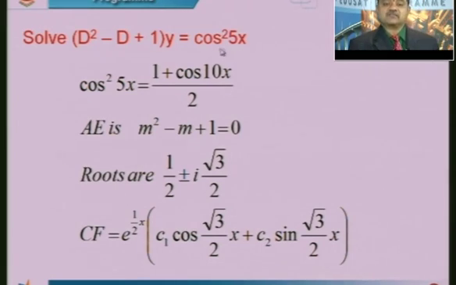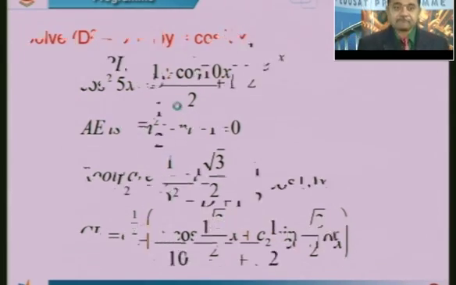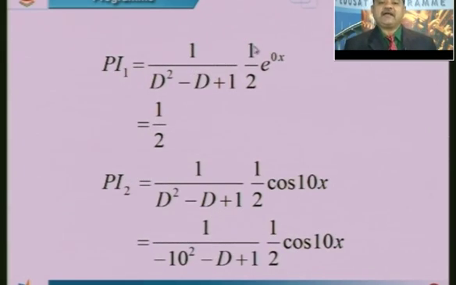Again, this cos squared is replaced by 1 plus cos 10x by 2. It has two particular integrals. One is 1 by 2, another is cos 10x by 2. If I take 1 by 2, I already told, it can be written in the type 1 format, e power 0x, because the value of e power 0x is 1.